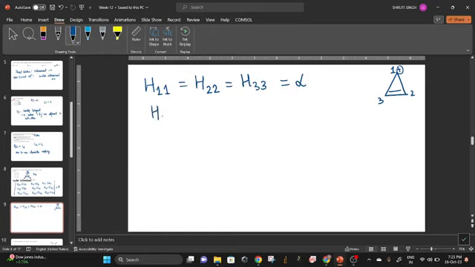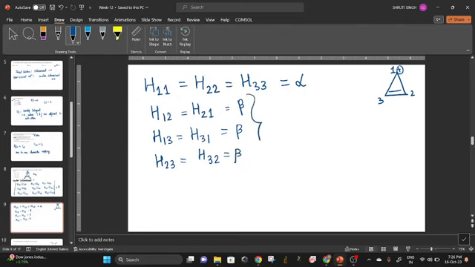And H12, H21 equal beta, H13, H31 equal beta, and so on. H23 equals H32 equals beta. So I can write Hij equals beta for i not equal to j.